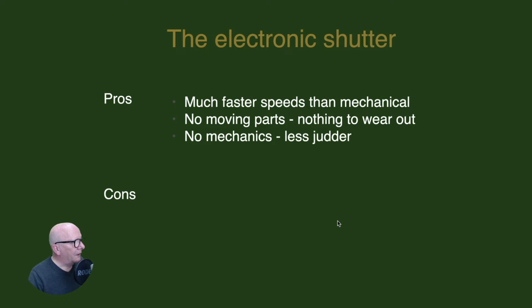Next thing. No mechanics means less judder. So if you're shooting a very long exposure, perhaps at night, and maybe for special effects it's several seconds long, when you press the button down on mechanical shutter, even for moderately slow speeds, you could get a little bit of judder from that sort of mechanical action affecting the image, so there's a little bit of jarring.